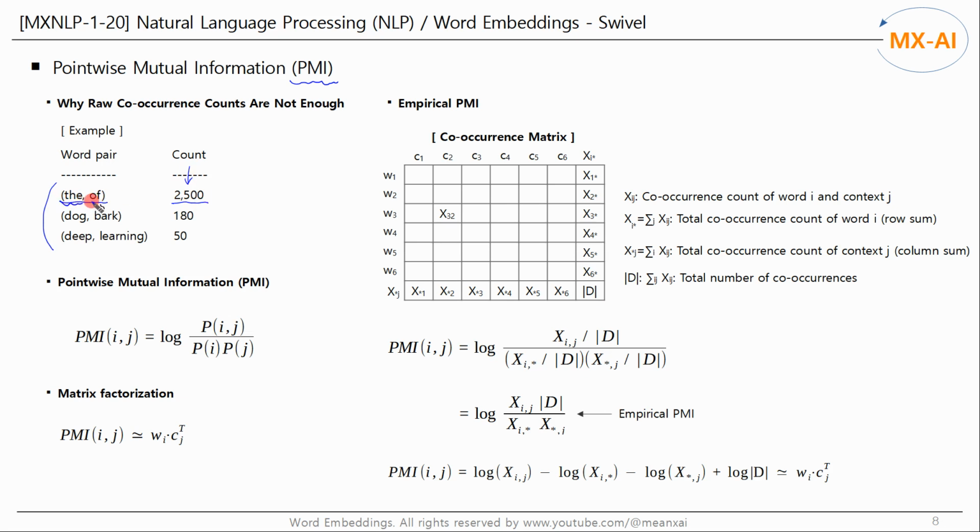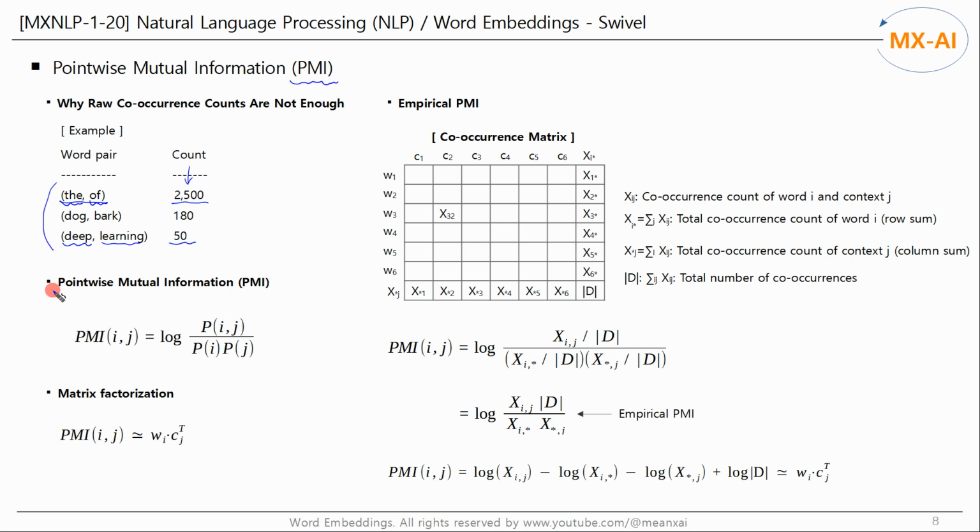However, these are simply very common stop words that appear almost everywhere. On the other hand, the pair "deep" and "learning" has a much smaller raw count, but the two words are much more strongly related in meaning. In other words, raw co-occurrence counts alone do not necessarily reveal meaningful semantic relationships.